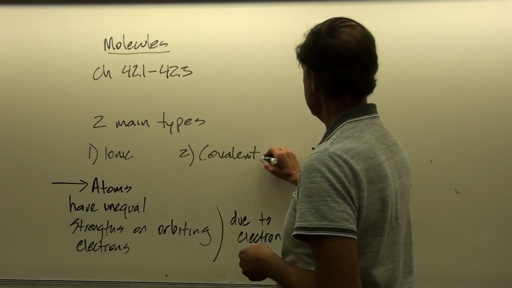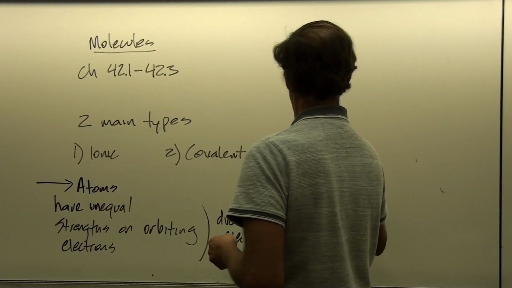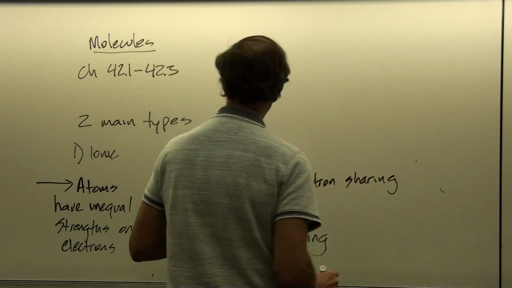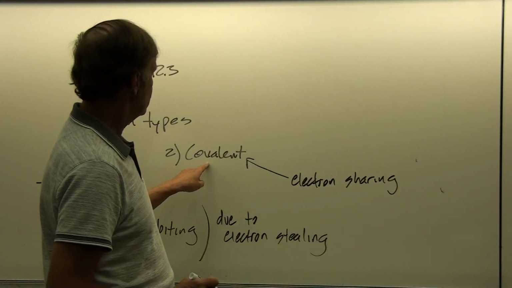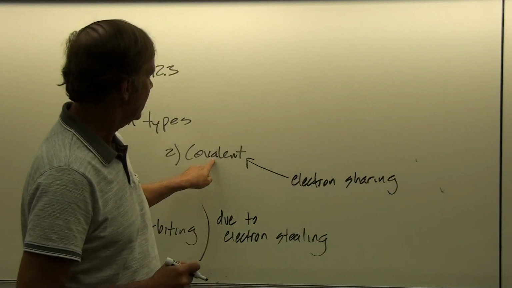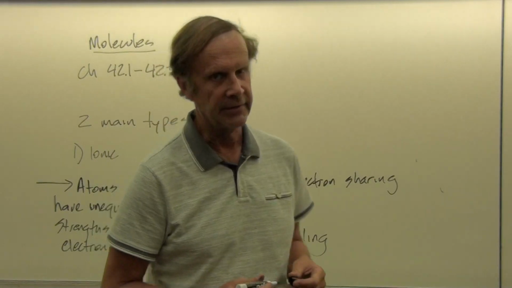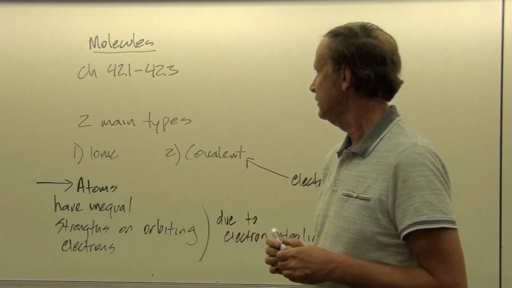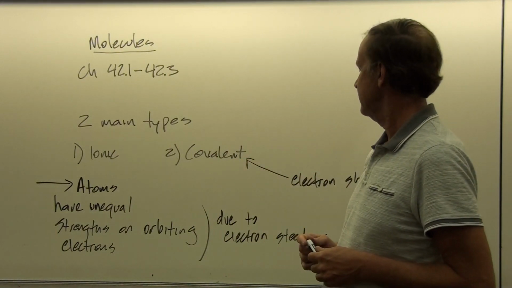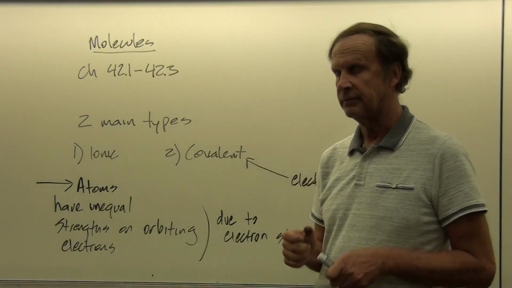Whereas in a covalent bond, we have electron sharing, which means that the two atoms which are forming together, or it could be more than two atoms if you have a polyatomic molecule, have relatively equal amounts of pull on the orbiting electron.